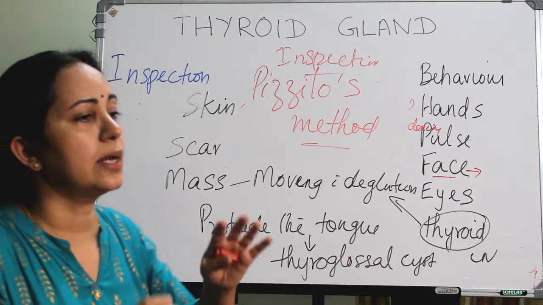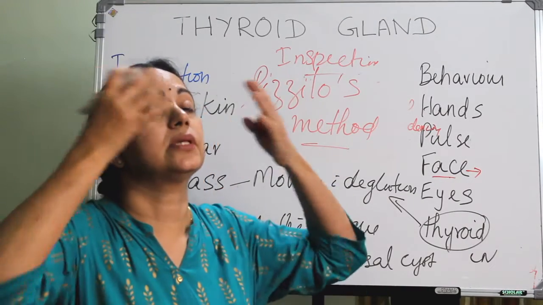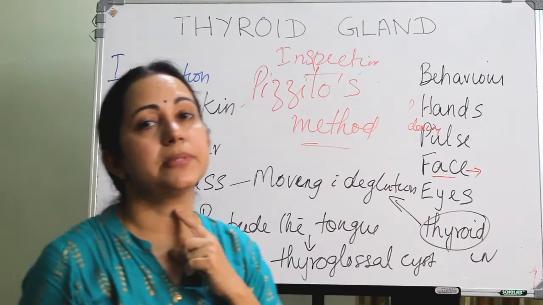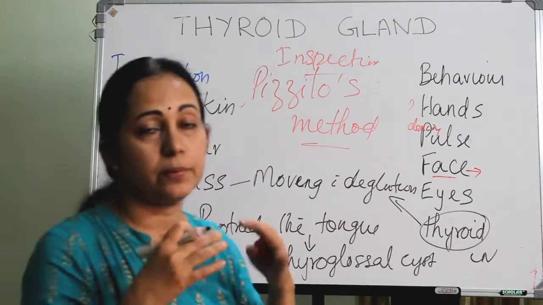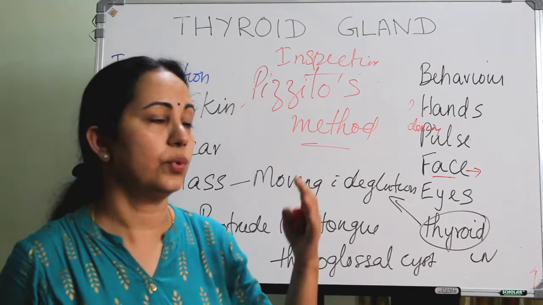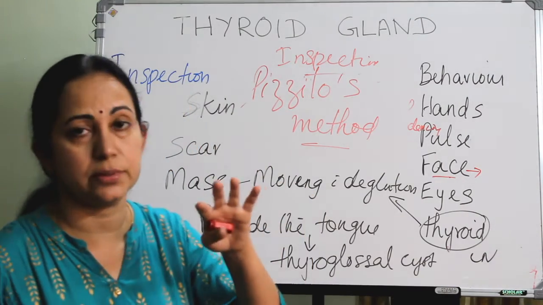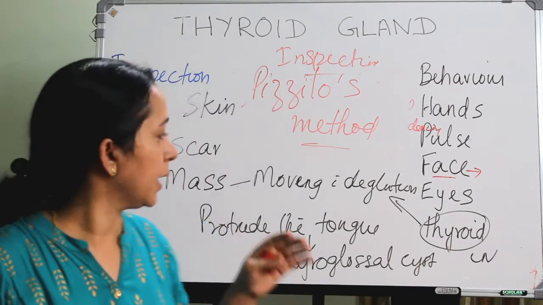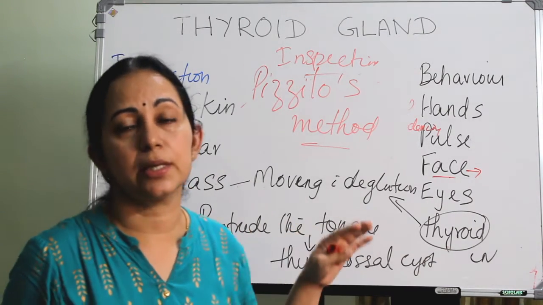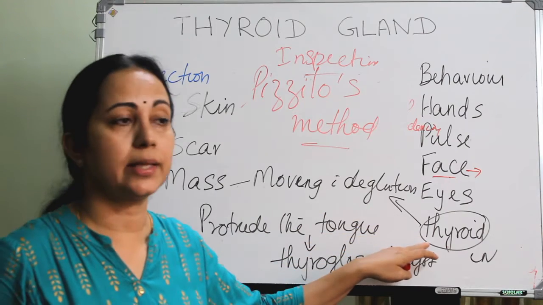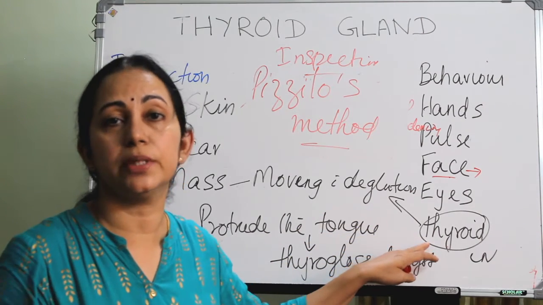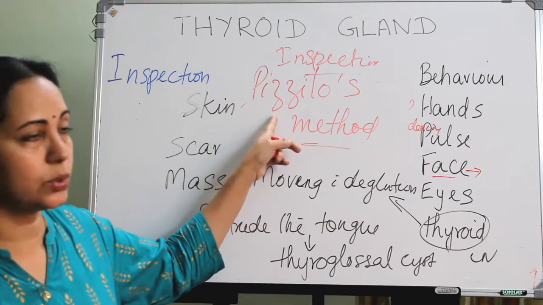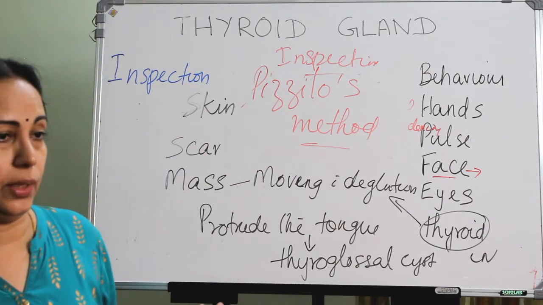So the mass will be more prominent, and look at the skin surface for any dilated veins, erythema, edema, and any scar. If it is a thyroid swelling, it will move with deglutition but will not move on protrusion of the tongue. So that is Pizzillo's method of inspection of the thyroid gland.